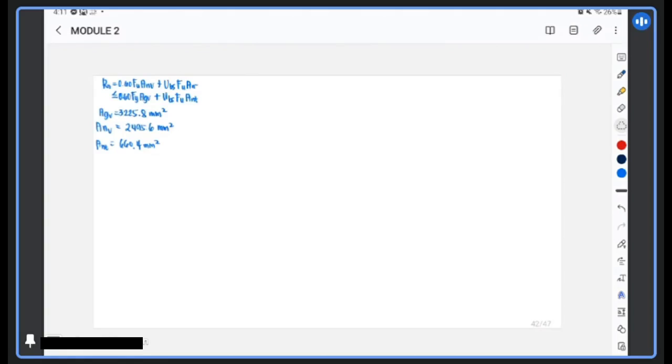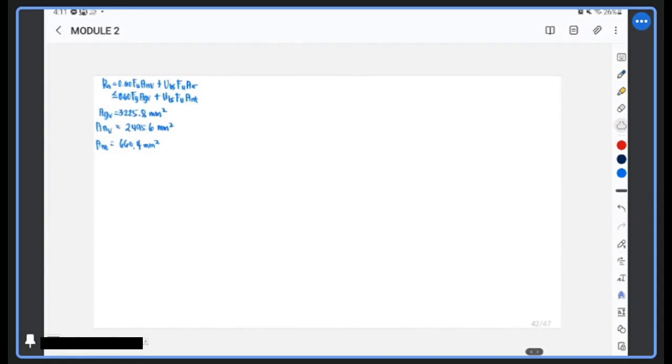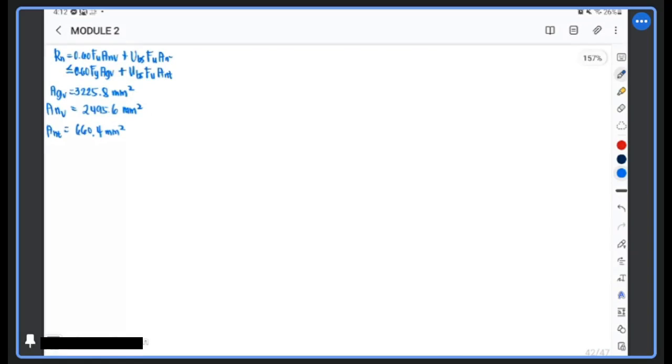Since our FU and FY are given as 448 and 345, our Rn is equal to 0.6 of our FU.